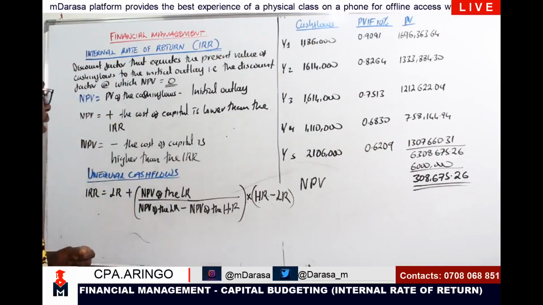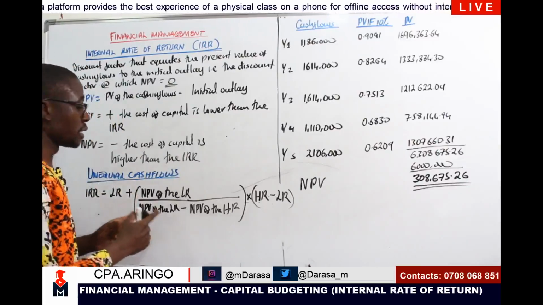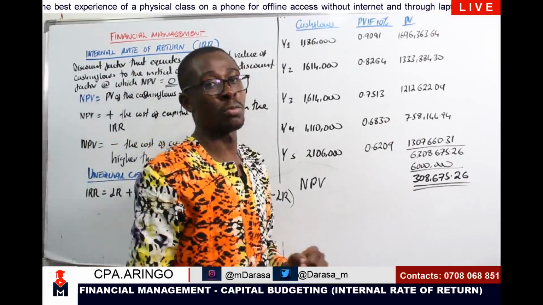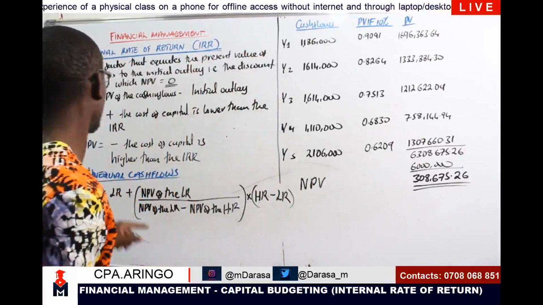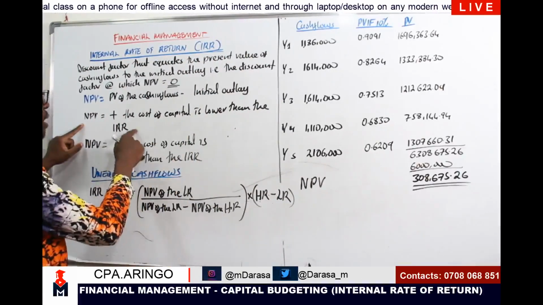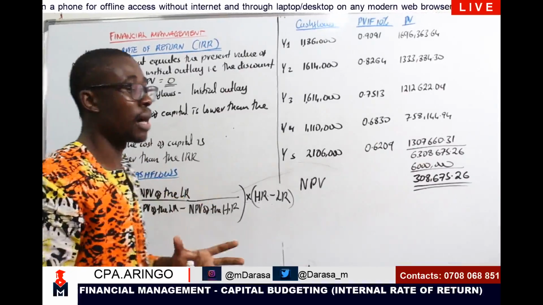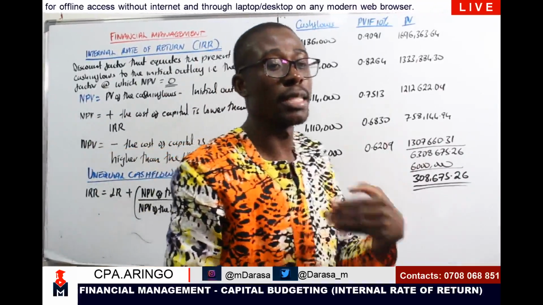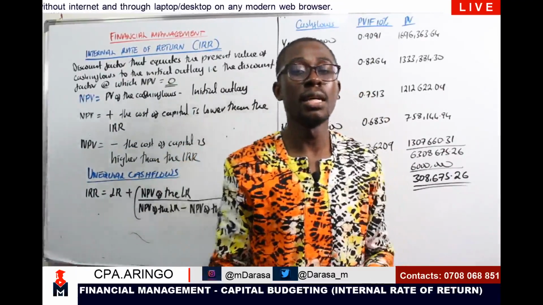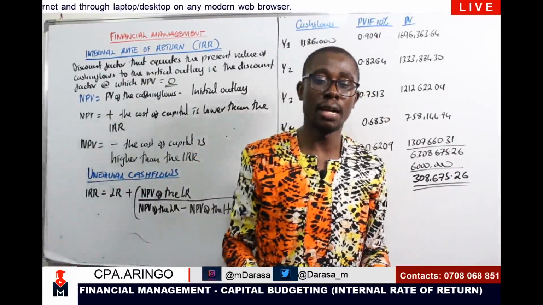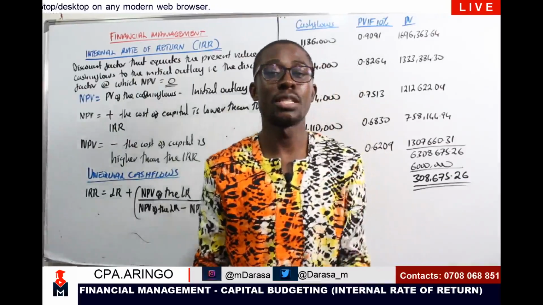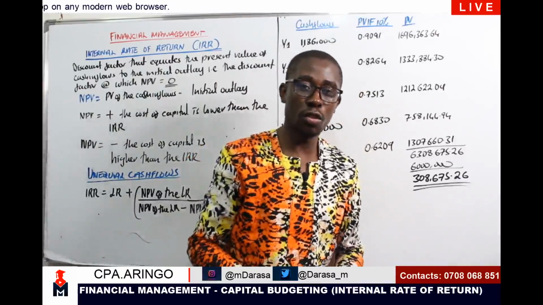In computing our IRR, it means that I need to determine the NPV at a higher rate because my NPV was positive. And as clearly as we had said here, if my NPV is positive, the cost of capital is lower than the IRR. Therefore, we need to come up with a cost of capital that is higher than the original cost of capital, basically through trial and error. So we'll just select any rate which is higher than the cost of capital.